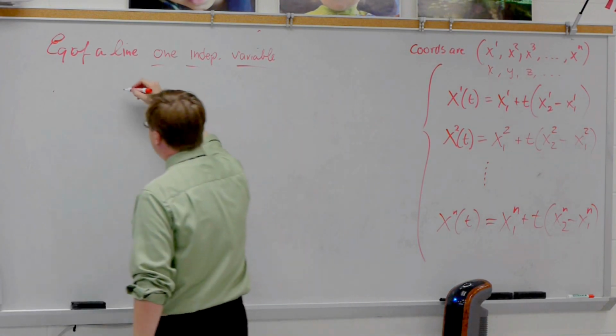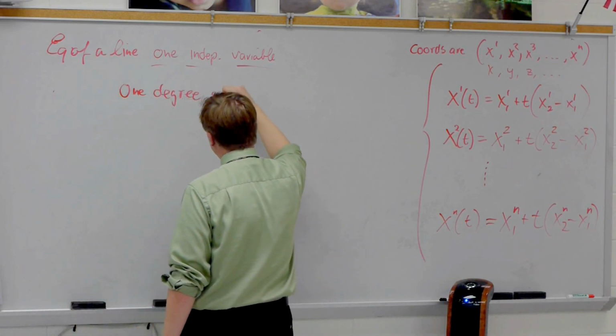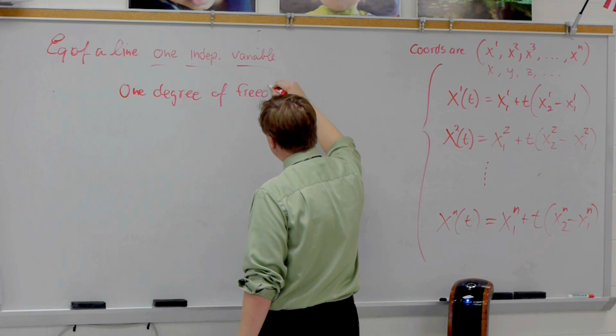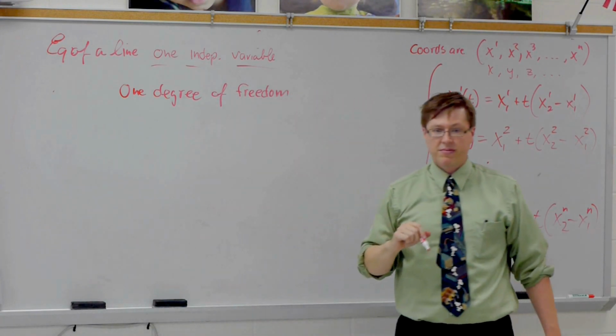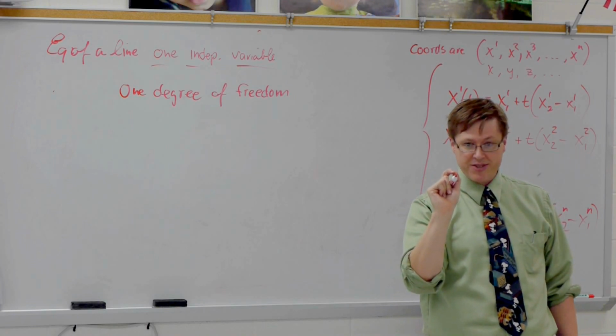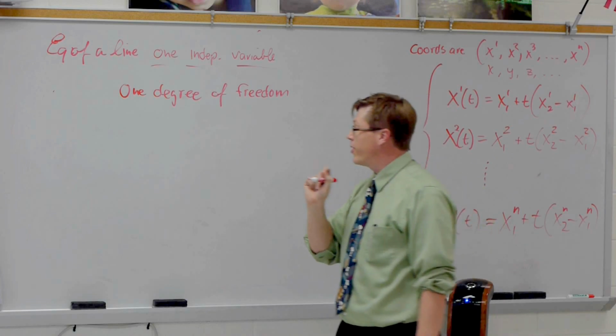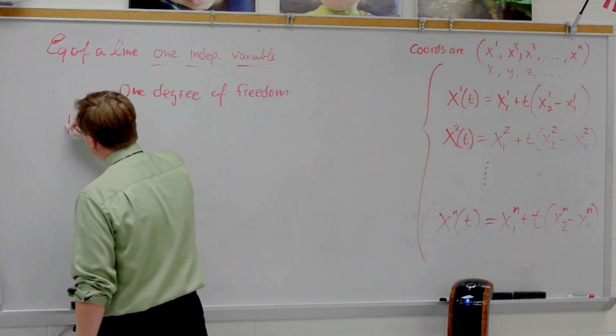So with one independent variable, we can call this, borrowing a term from physics or mechanics, a system with 1 degree of freedom. There's one thing that I can change. Everything else is determined, no matter how many dimensions I'm in.